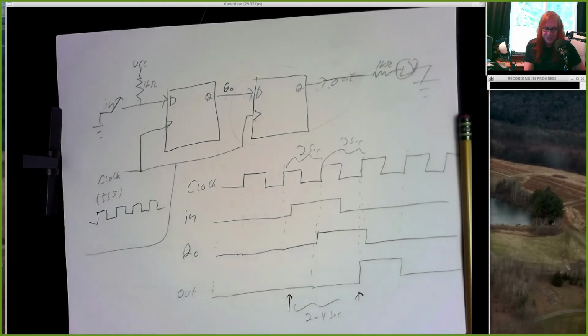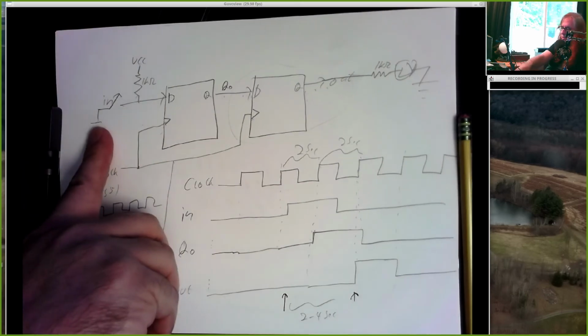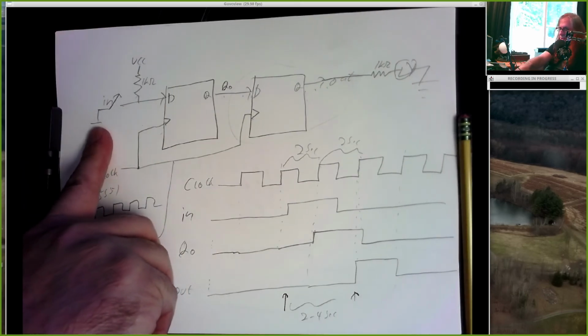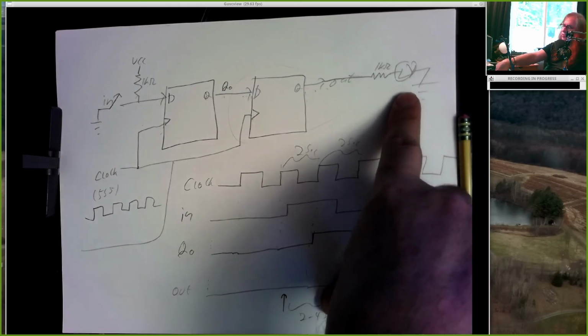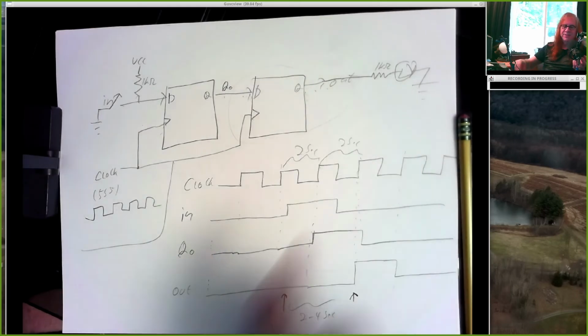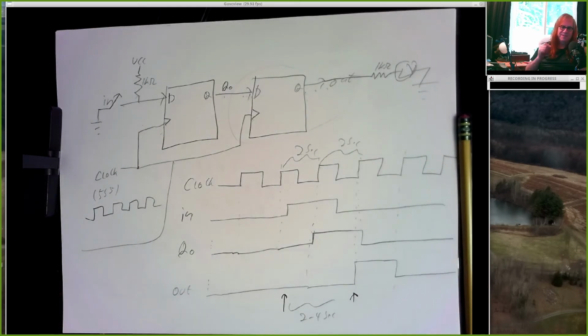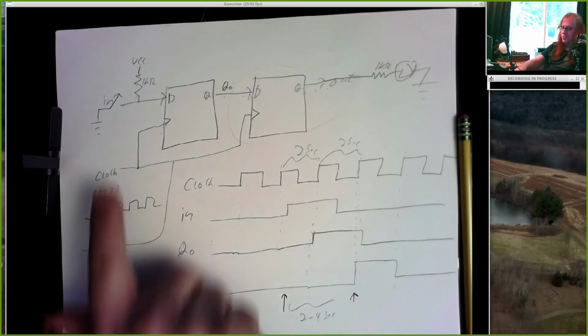Start your simulation, and you should see the following. If you push the button and you hold it down, 2 to 4 seconds later the LED turns on. You get this very, very obvious visible delay between pushing the button.